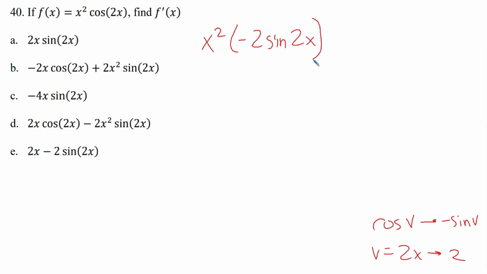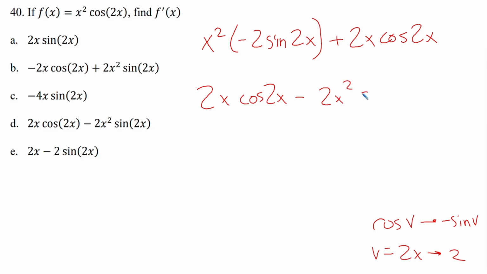Then we'll add to that the derivative of x squared, which is 2x, and then times the cosine of 2x. And so if we look over at our answer choices, it looks like that looks just like choice D. If we put the 2x cosine 2x in front, we end up with minus 2x squared sine 2x afterwards, which is choice D.